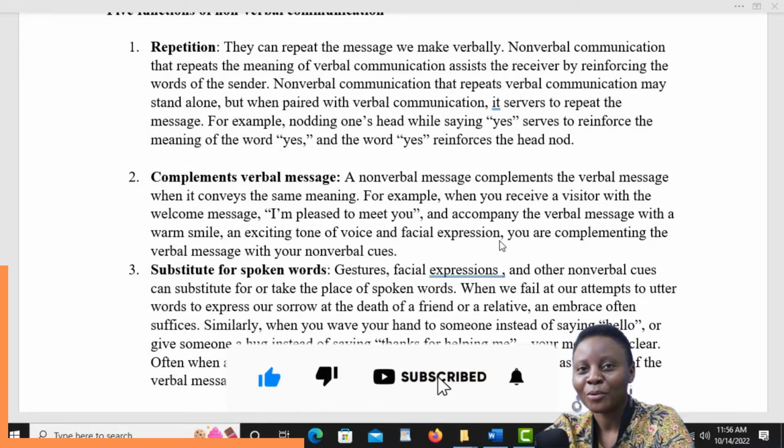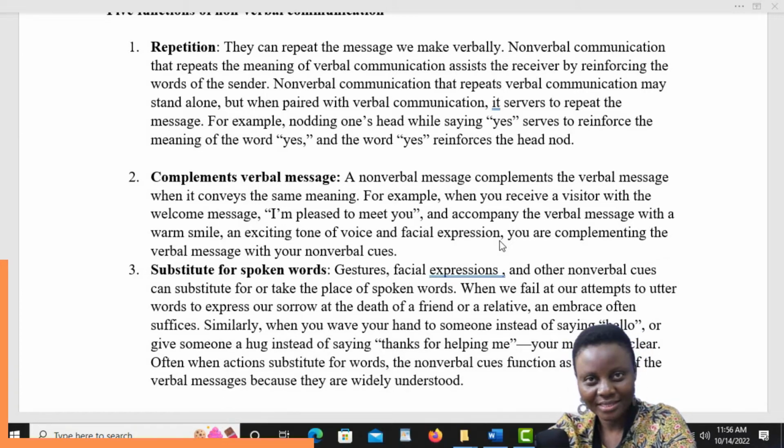At the same time, when you receive this visitor while your facial expression speaks otherwise, that will also communicate a message to the visitor. So sometimes the actions, whether facial expressions or any kind of body language that we use alongside our expressions, can also communicate something.